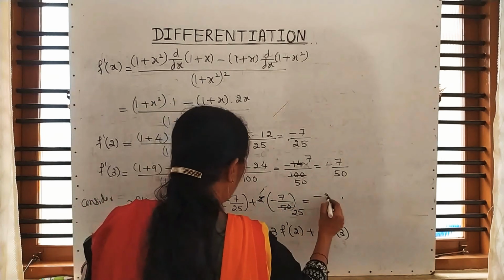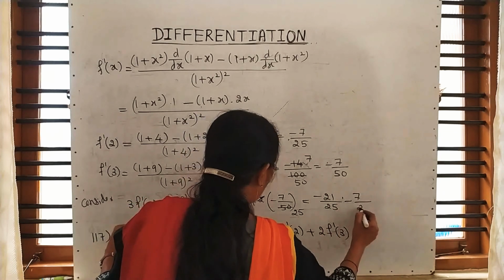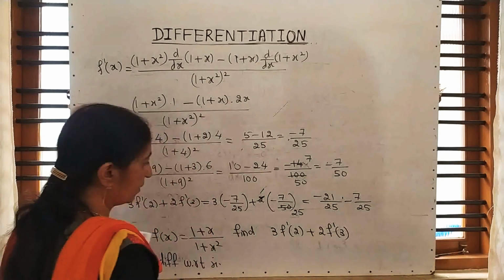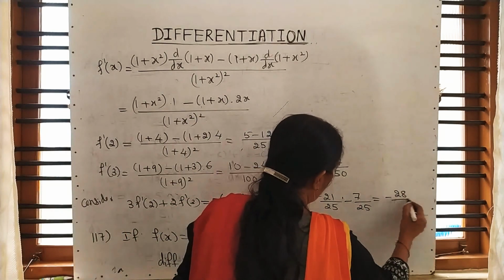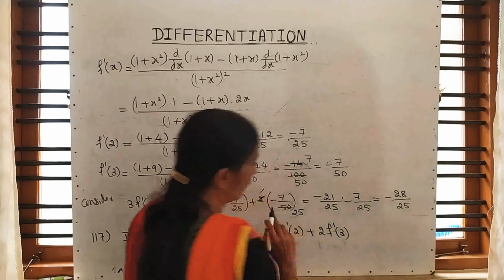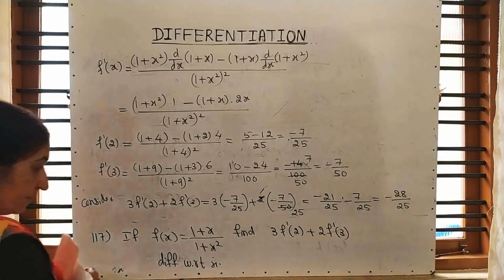So it is minus 21 by 25 minus 7 by 25. Plus into minus is minus. Finally we got minus 28 by 25. LCM is 25. Just add those numbers. Correct or what? Moving to the next question.